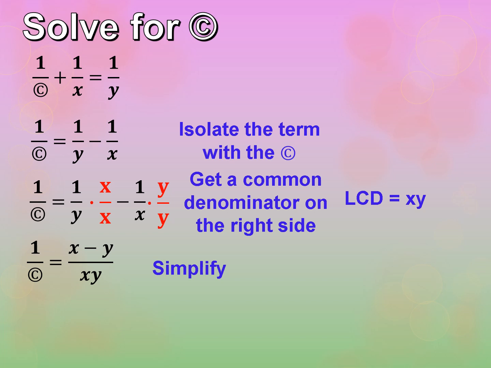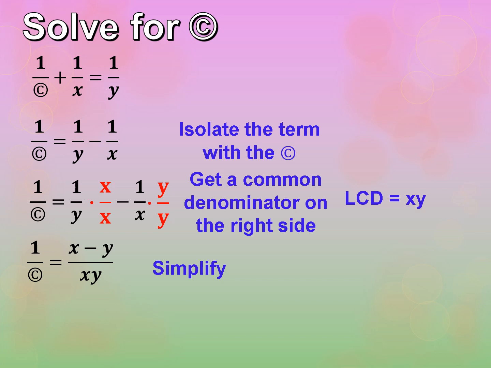Now, we have a really cool property in proportions, because that's essentially what this is, two fractions that are equal. It says I can flip one side as long as I flip the other side at the same time. Because what we really want, we don't want 1 over c, we want c over 1.